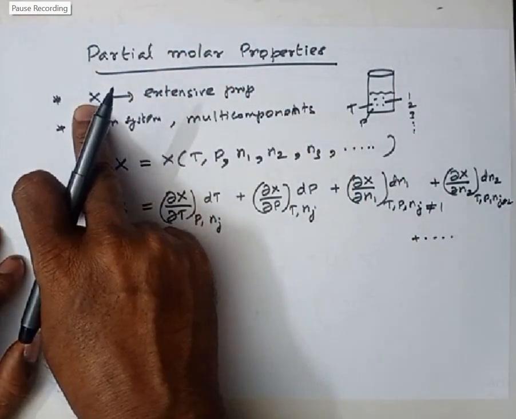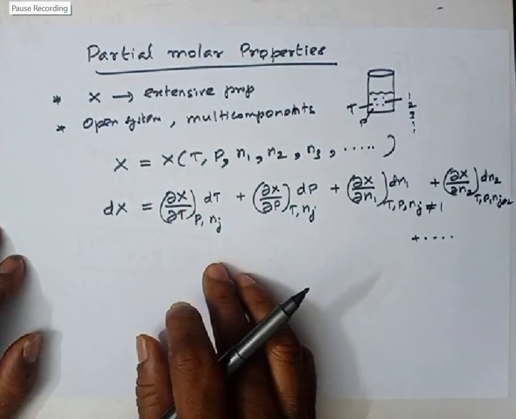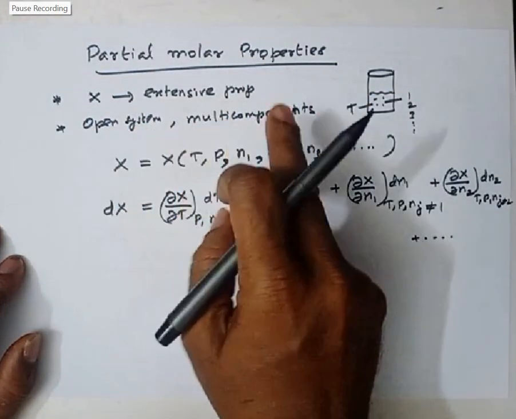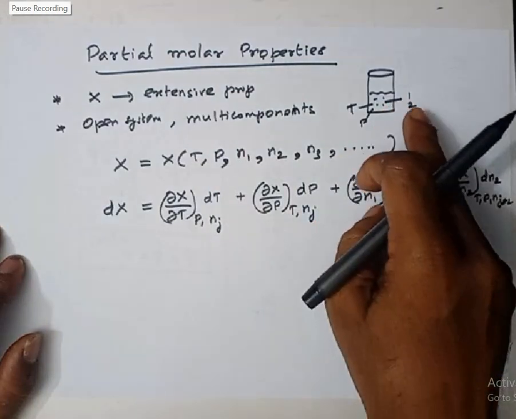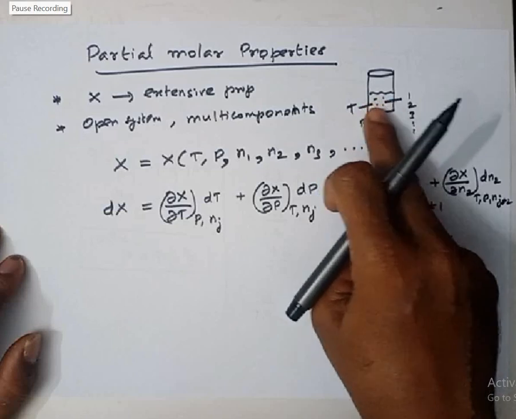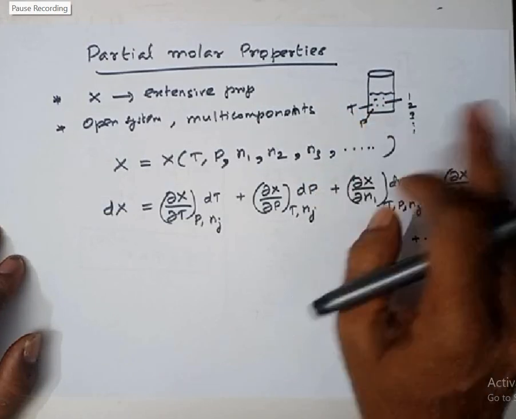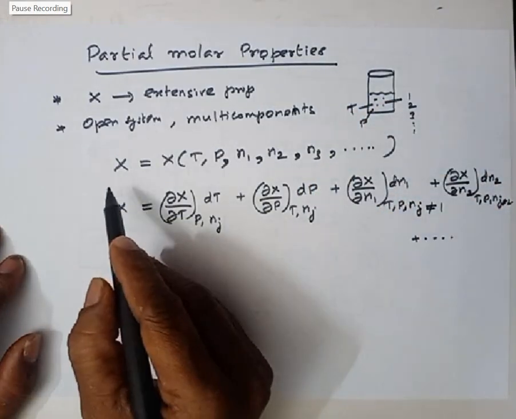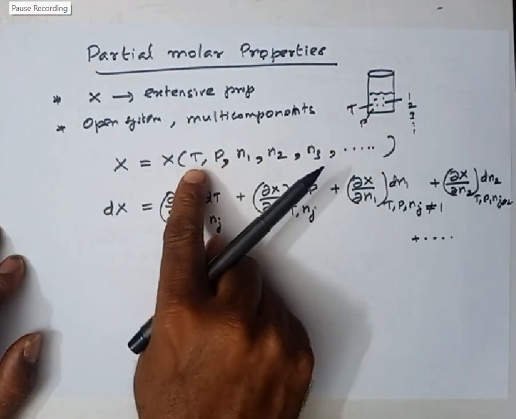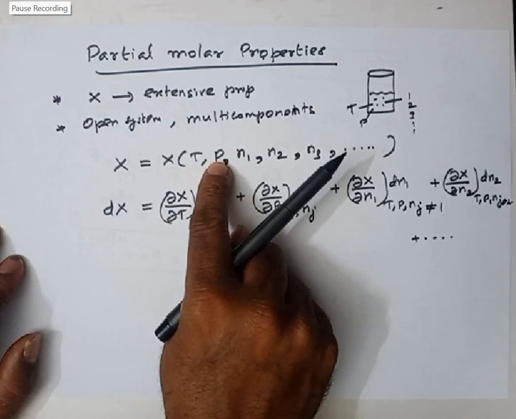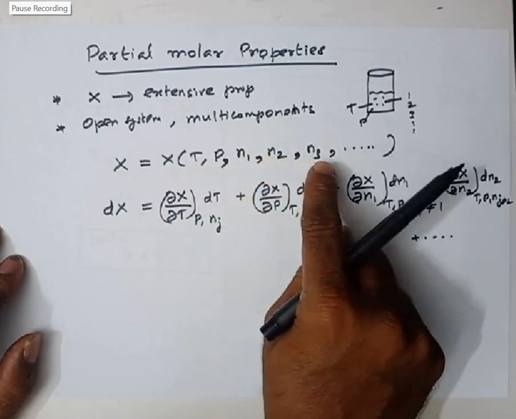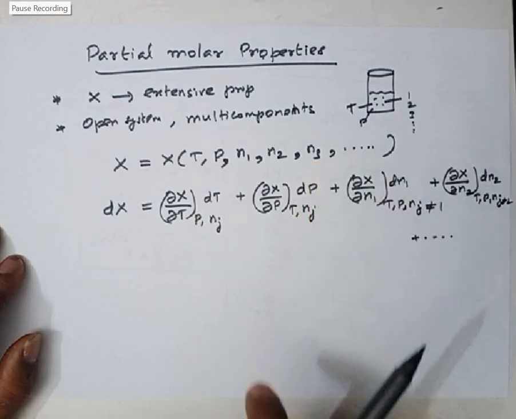Now you take an open system containing many components: components 1, 2, 3, 4, etc. The system has some temperature T and some pressure P. The extensive property X for the system depends on temperature, pressure, number of moles of component 1, number of moles of component 2, number of moles of component 3, etc.